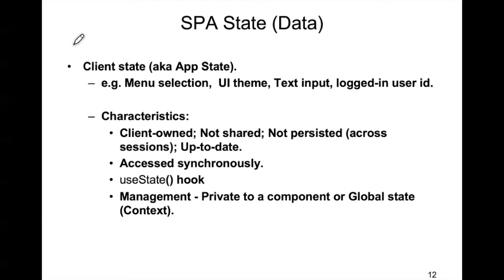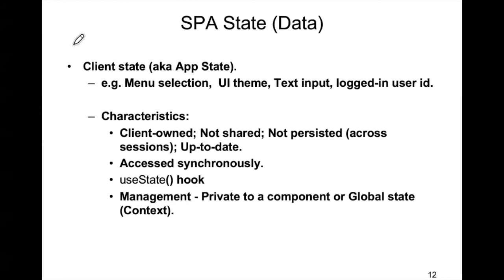Another example of client state or app state would be if our app allowed the user to change the UI's theme. Let's say it had a dark theme and a light theme that the user could just change within the browser itself.